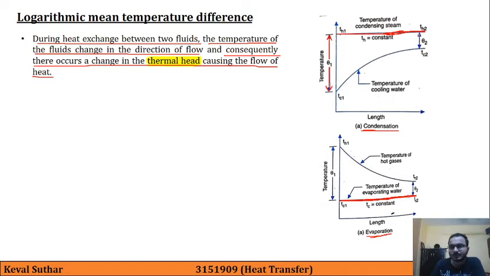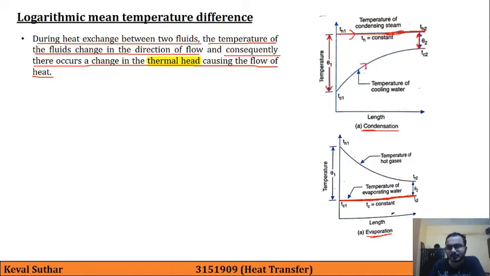and here this is the temperature theta 2. So these two are known as thermal head, and as you can see there is a decrease in thermal head as the fluids pass through this heat exchanger. At the beginning it is maximum, and one more condition that we need to see here, that both are flowing in the same direction.